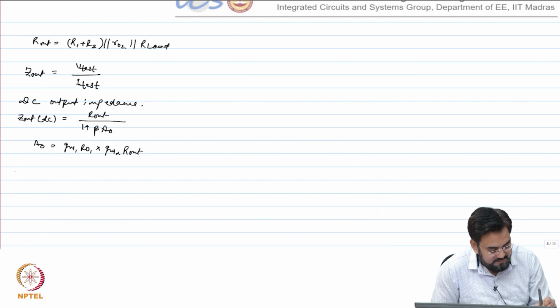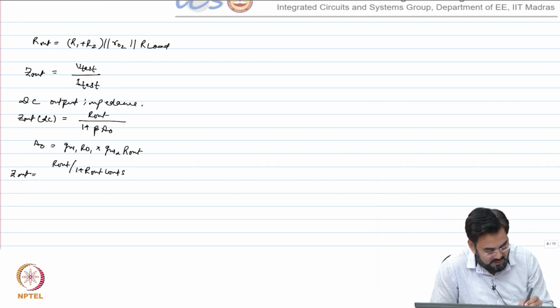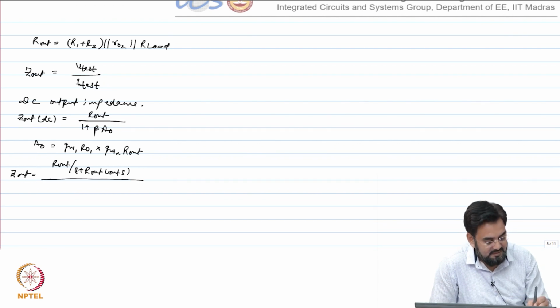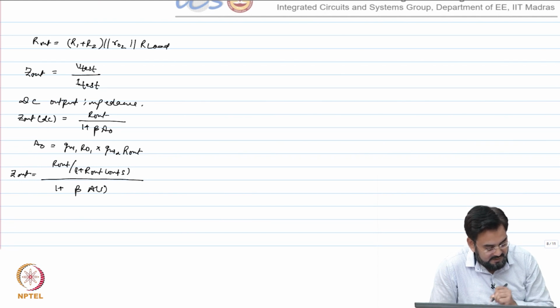So Z out equal to your output is 1 over, which makes it R out over 1 plus R out S, correct, divided by 1 plus beta AS.